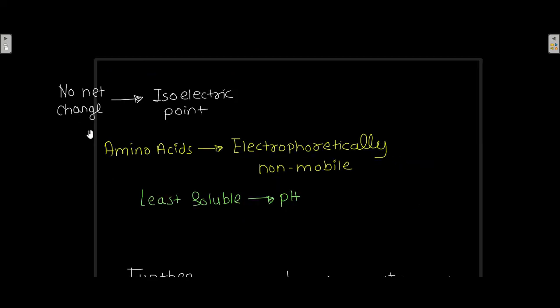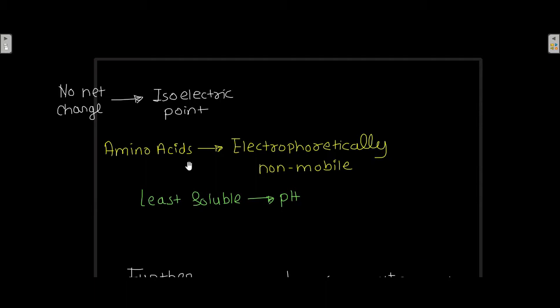So when the amino acid doesn't have any charge, that particular pH is known as the isoelectric point. The isoelectric point is that pH at which your molecule will not have any charge.